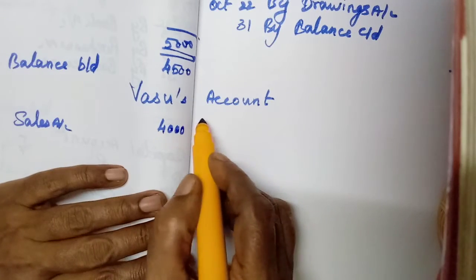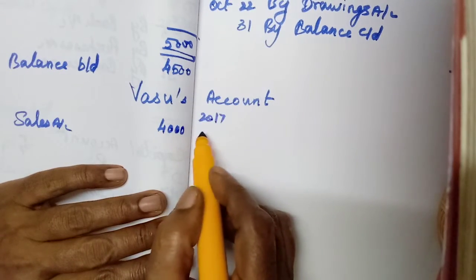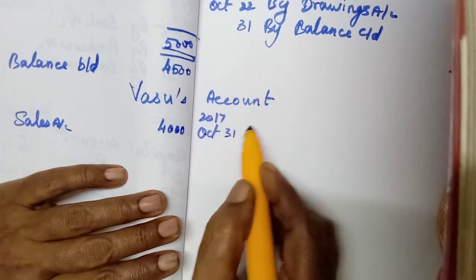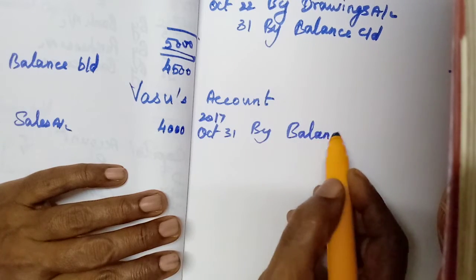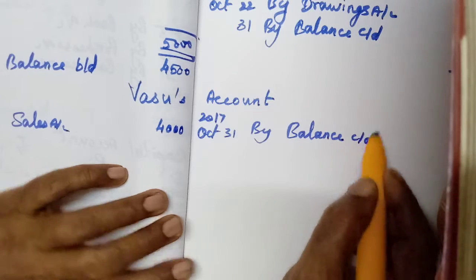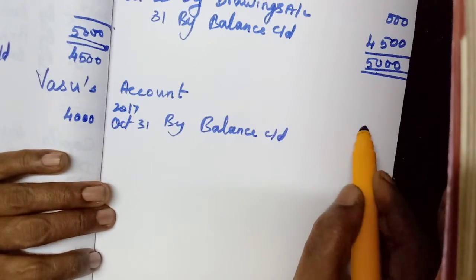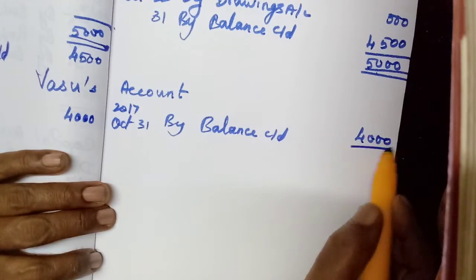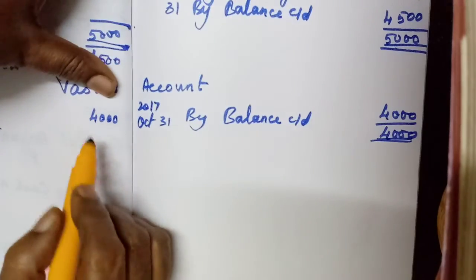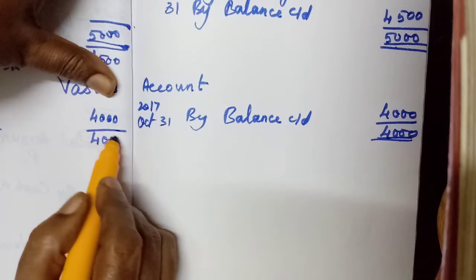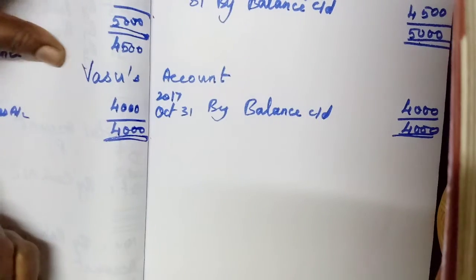So here we have to write the balance October 31 by balance carry down. What will be the amount? Full 4,000, isn't it? We can write. Then write both the amounts. 4,000. Here also 4,000. Now write the balance amount.